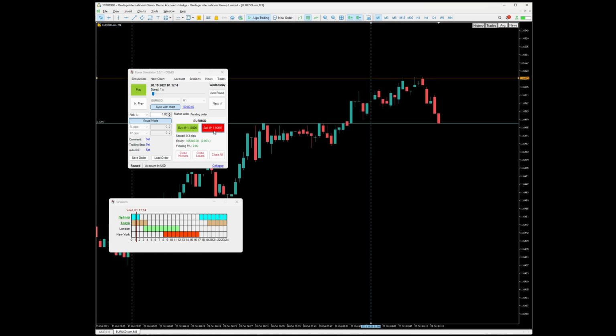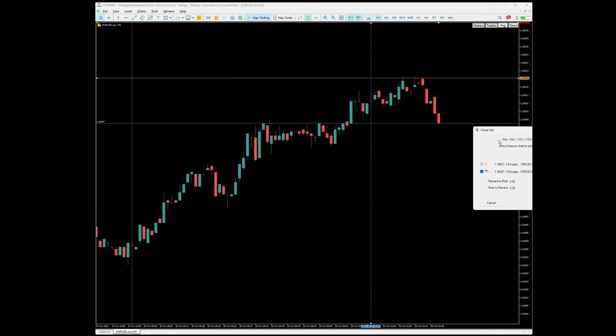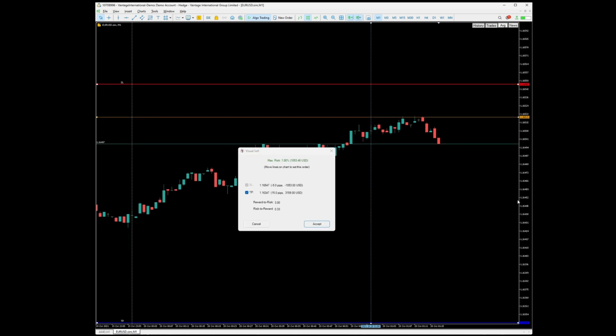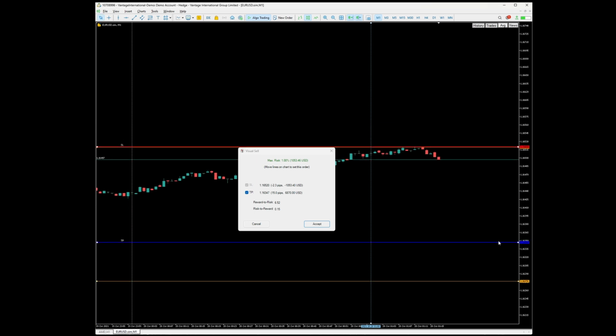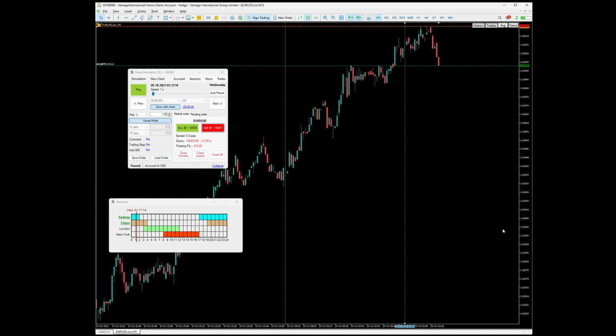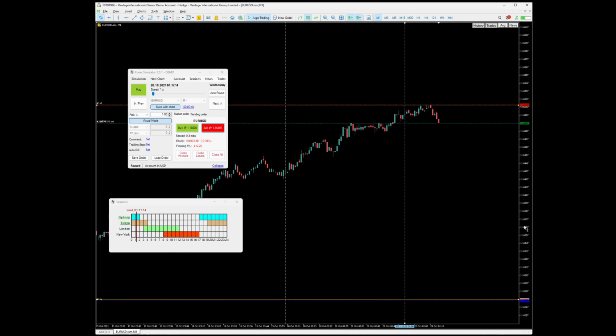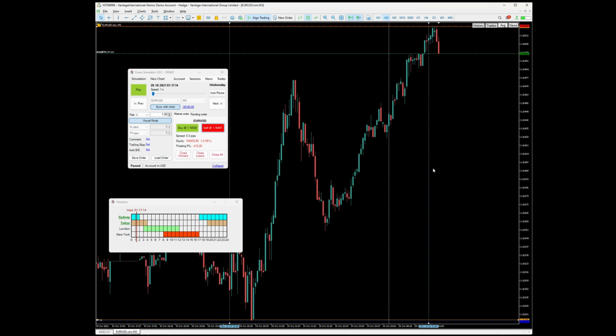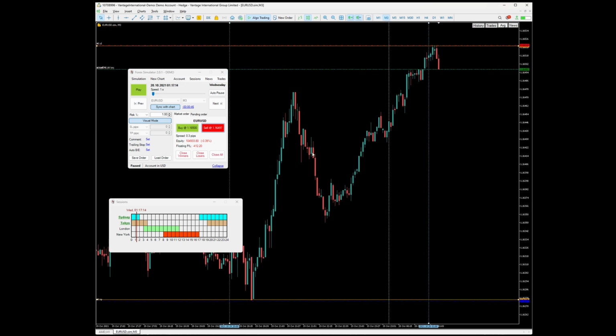Displacement candle about to break this low, and I would just enter the trade here directly. And there we go. Stop loss there. Take profit there. It's a 9-hour risk. Accept. And we go from there.